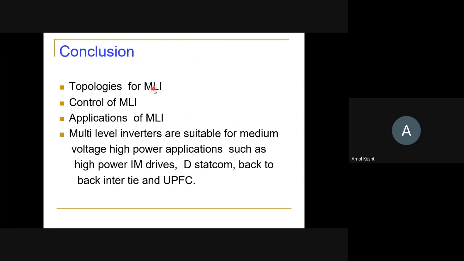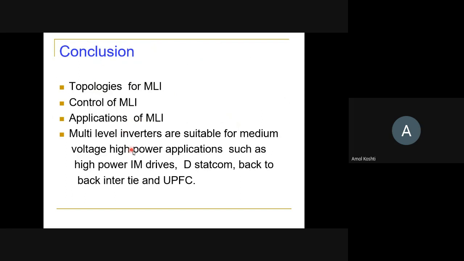So in that topic, this multi-level inverter chapter is finished here. Here we have learned the different topologies. We have also learned the different control techniques, the PWM techniques. We have also learned the different applications, in which applications they are used and how they are used.